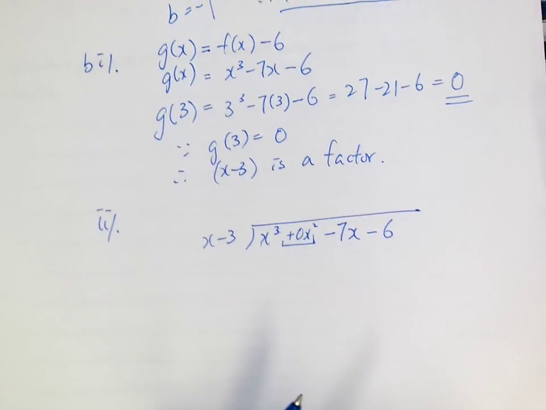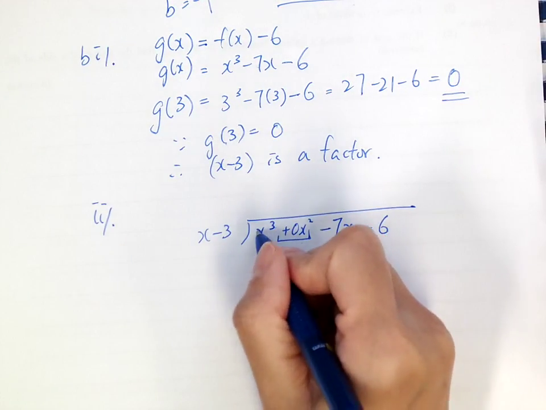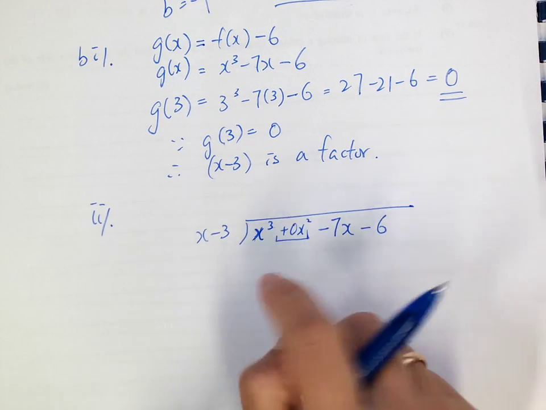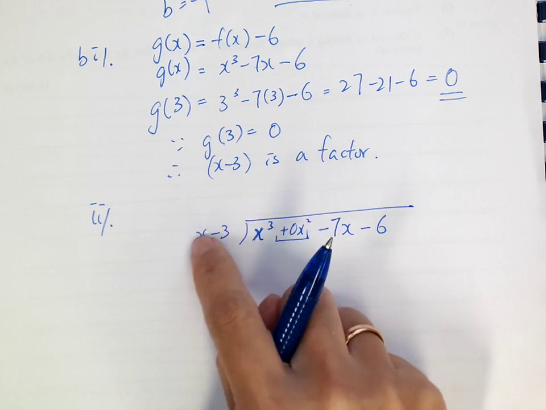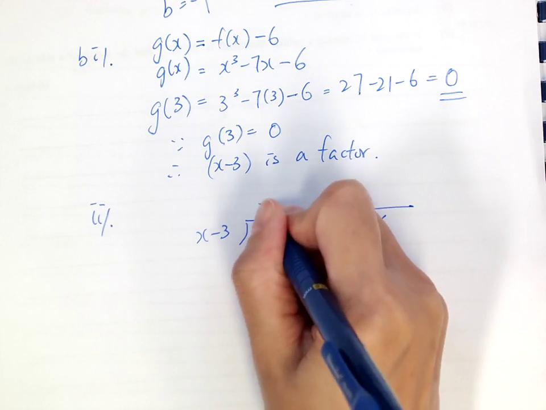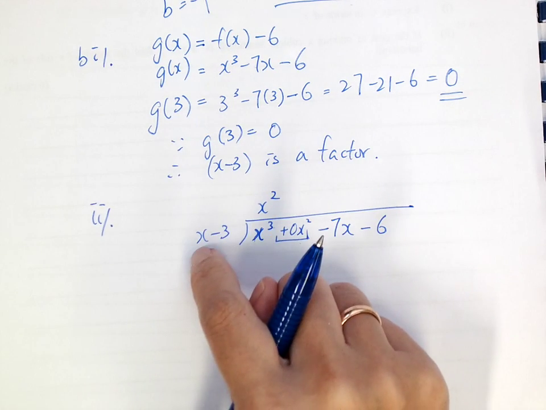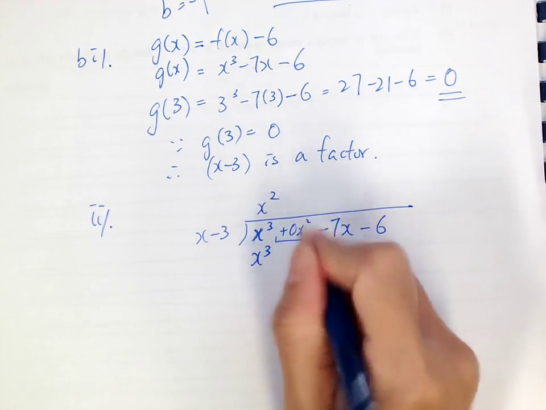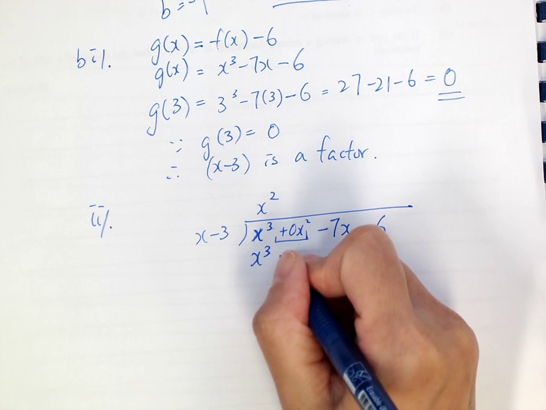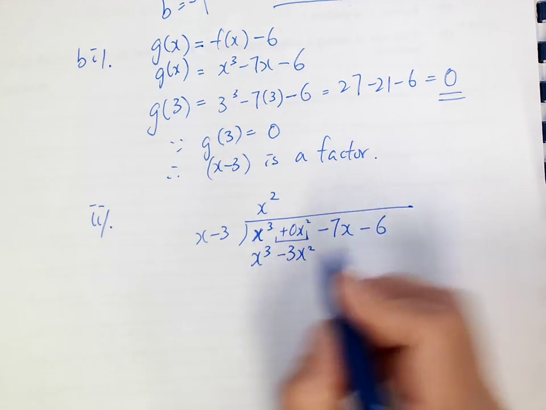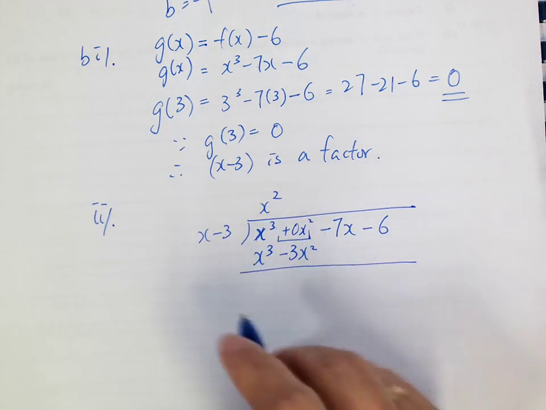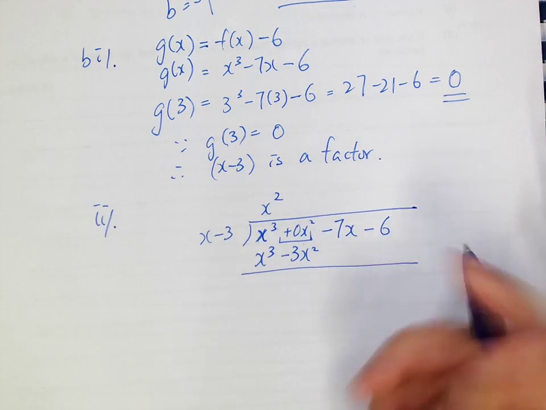Okay, let's continue. Alright, take a look. If I want to complete my long division, think of a value, multiply by x, it will give you x cubed. So it should be x squared, because x squared times x is x cubed. x squared times negative 3 will be minus 3x squared. Okay, after you have done two terms, that's the end. You cannot proceed any more.